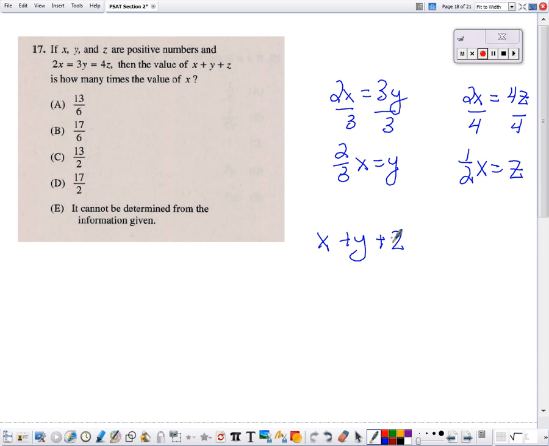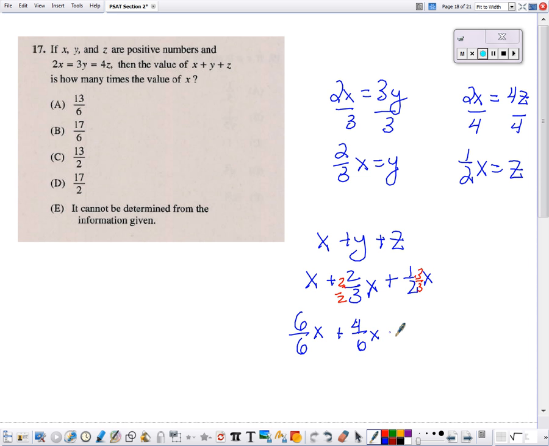I'm going to use substitution and replace this in the y, replace this in the z. I need a common denominator to add these all up, so I'm going to use 6, which means here this needs to be multiplied by 2 over 2 and this one by 3 over 3.